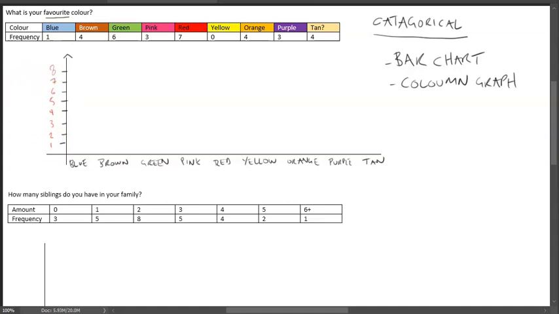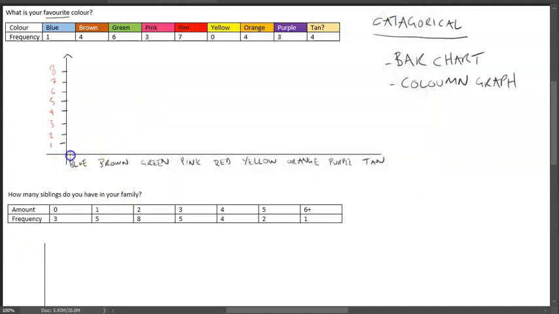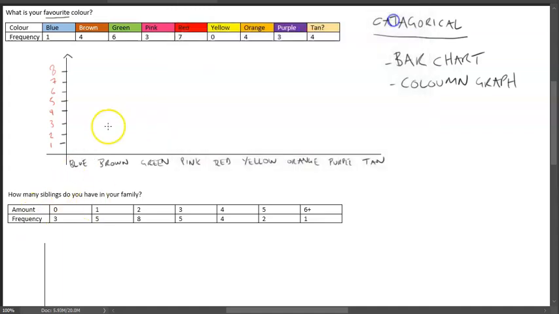Now this seems pretty simple. You just look at blue. We have 1, and we're going to draw 1 for blue. You know what? I'm actually going to choose the color blue so I can keep it consistent, because we are dealing with numbers. There we go, and we'll color it in like that.